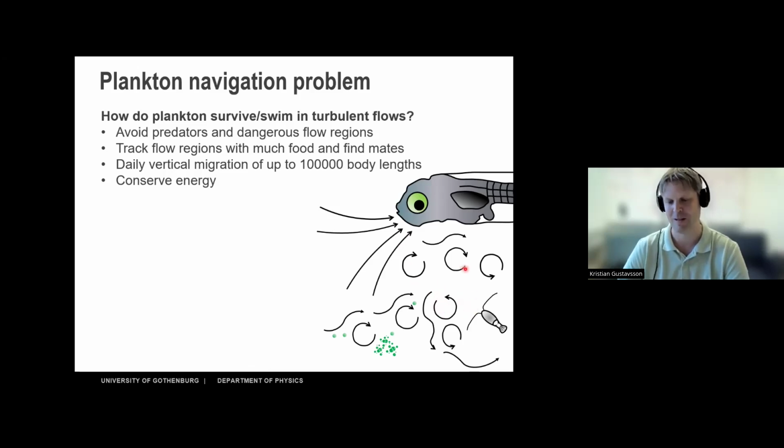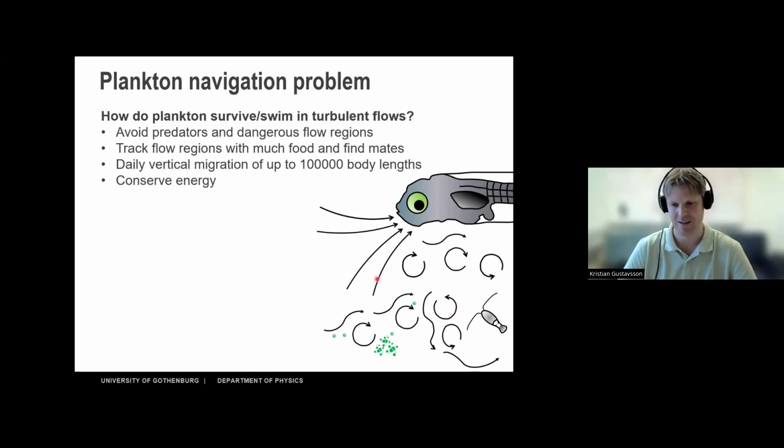And this is a complicated problem because you can't navigate using a map like us humans. The flow is ever changing, so you always need to take into account that the flow changes. You can't really rely on some place that was good yesterday being good tomorrow. So you always need to adapt to an ever-changing environment.